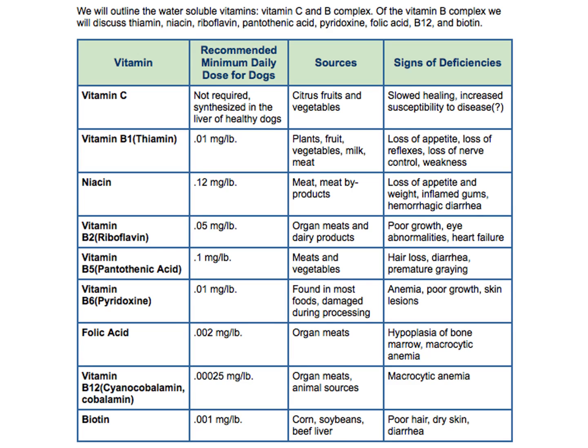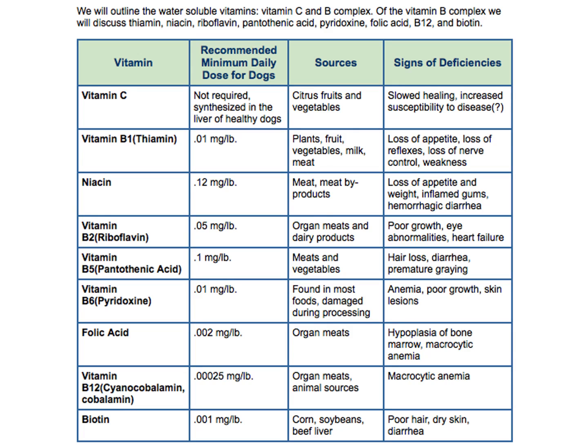So here's a table just to help us out too, to show what kind of requirements might be for dogs for some of these vitamins, what the sources could be, signs of deficiencies in dogs if you have a vitamin deficiency. So just kind of another good reference table.